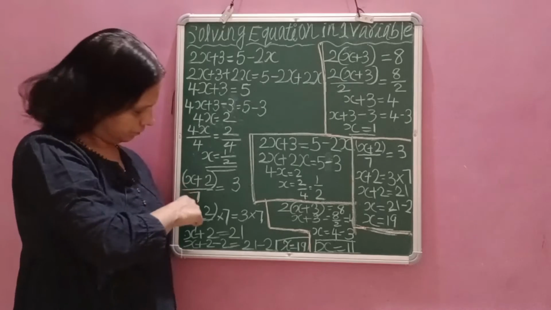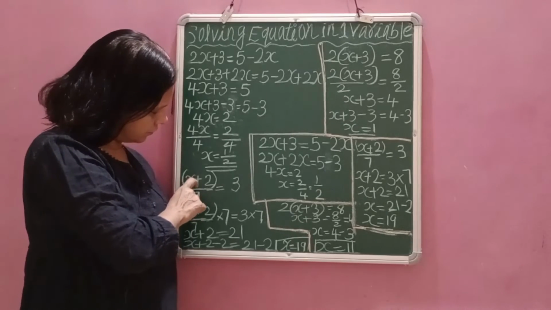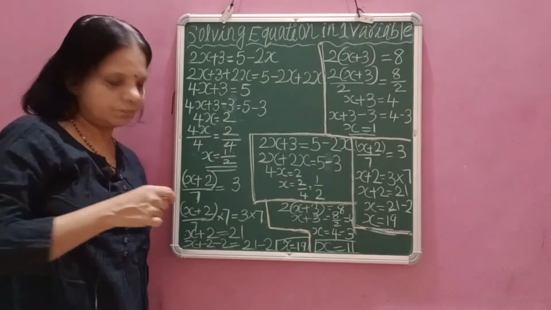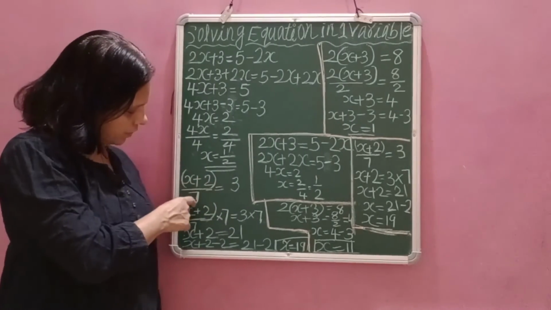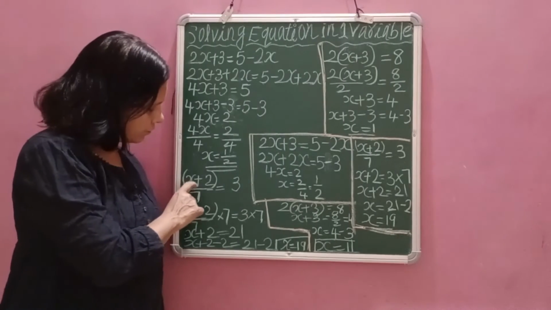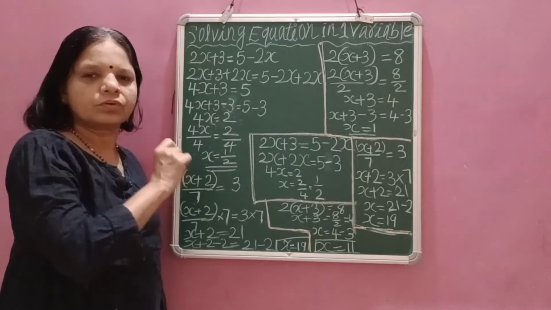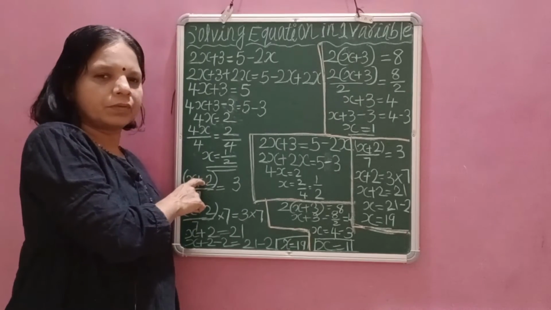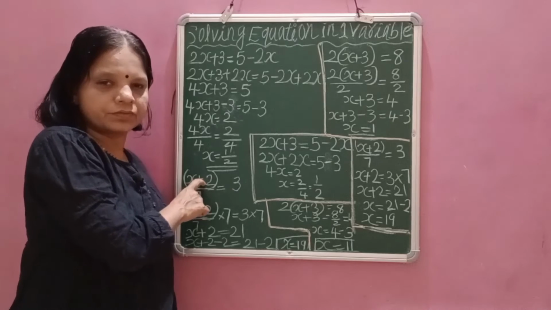Another example, x plus 2 upon 7 equal to 3. Here see the bracket, this upon 7 is for x plus 2. So here you cannot cancel plus 2 first.